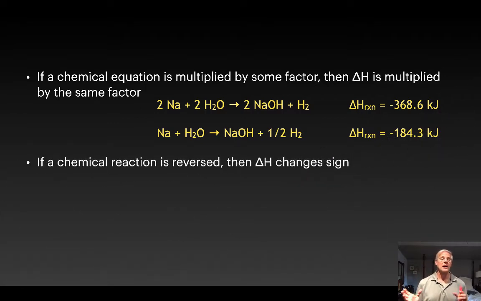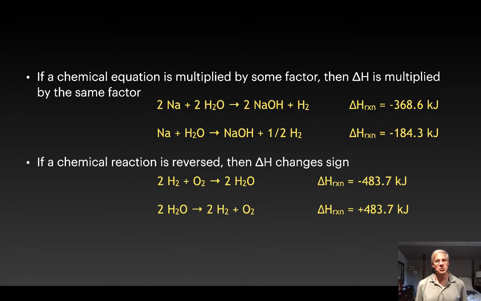If I reverse a chemical reaction, then all I do is change the sign of delta H. If it produces heat in the forward direction, then it will absorb the exact same amount of heat going in the reverse direction. So if we look at the combustion of hydrogen gas, so 2H2 plus O2 going to 2H2O, that has a delta H of reaction of negative 483.7 kilojoules.